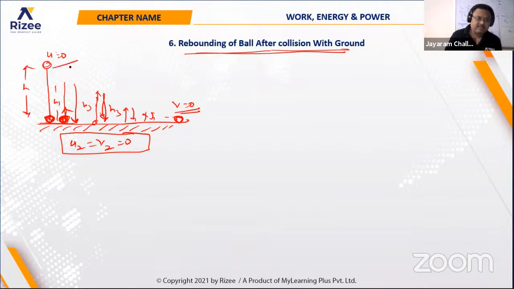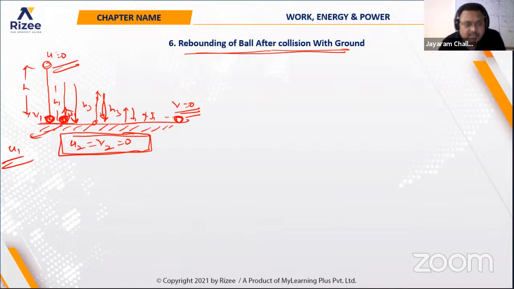So with respect to the ground, the velocities are zero. Let the velocity at this particular point be v, and it rises up with the velocity of u1.